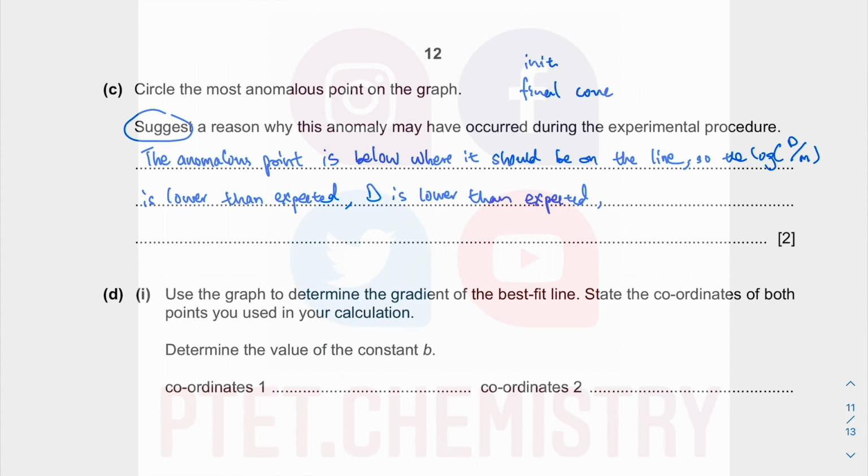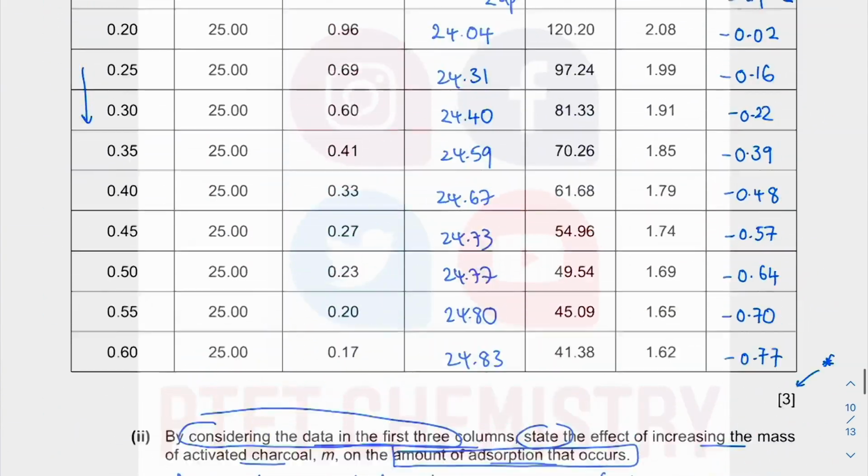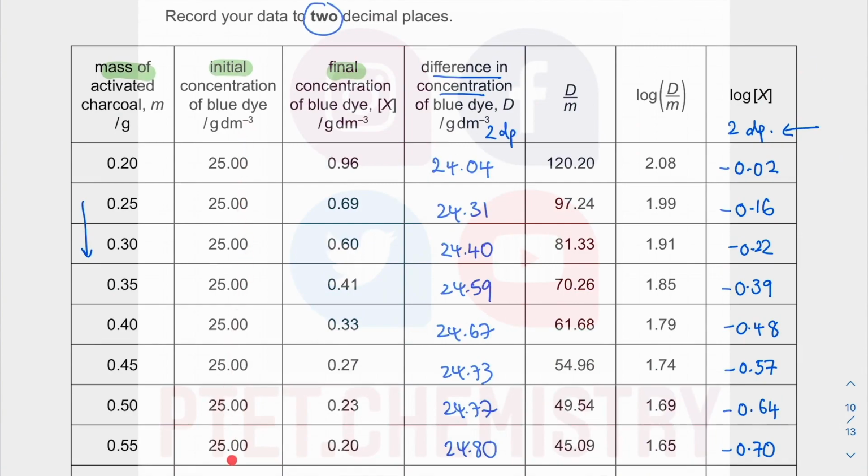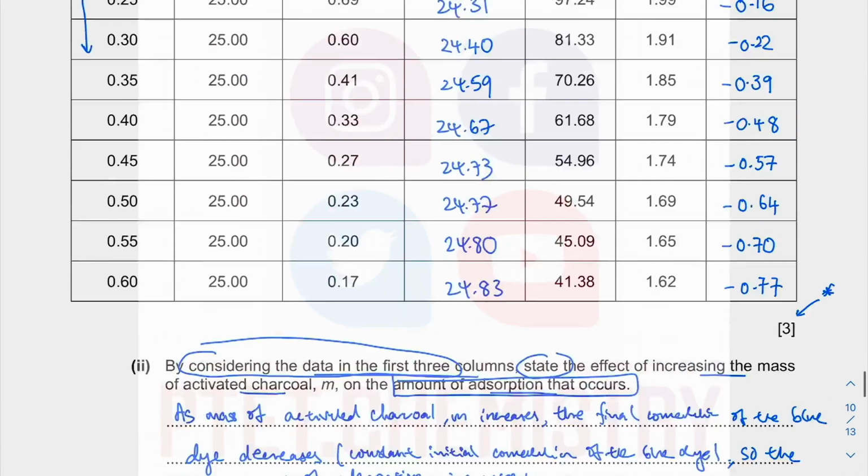Initial concentration minus final concentration, that is your D. So if that is lower than expected, your initial concentration is constant. Remember, you started with 25 for all your table. All of them are constant. So it's got to be this that is changing.